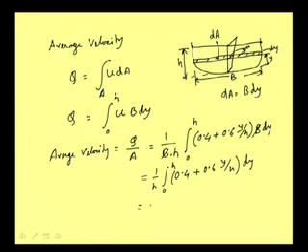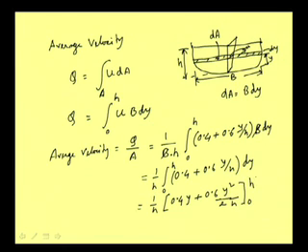Integrating, we get 0.4 y plus 0.6 y square by 2, from 0 to h.